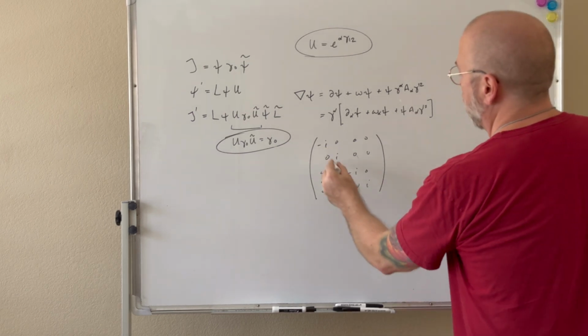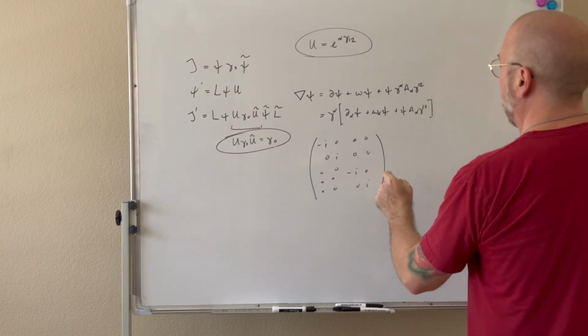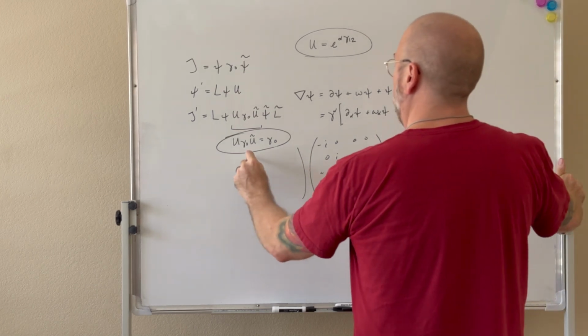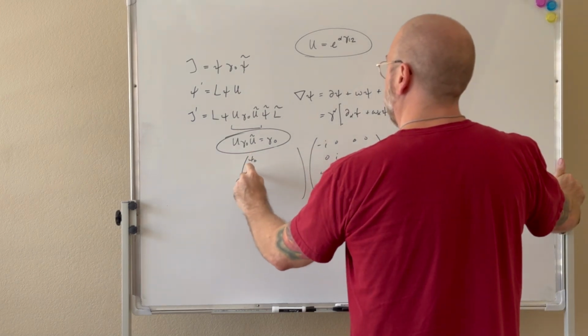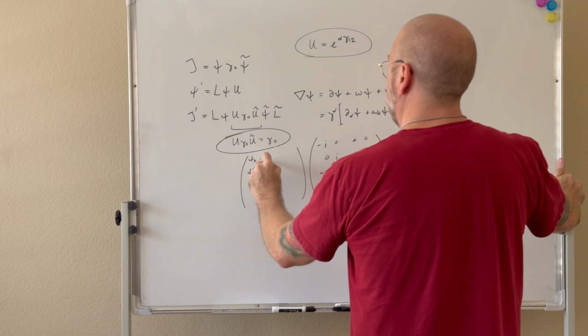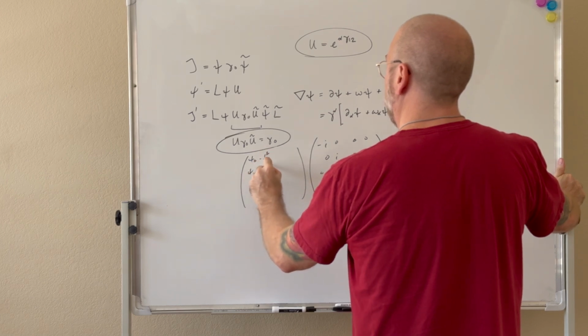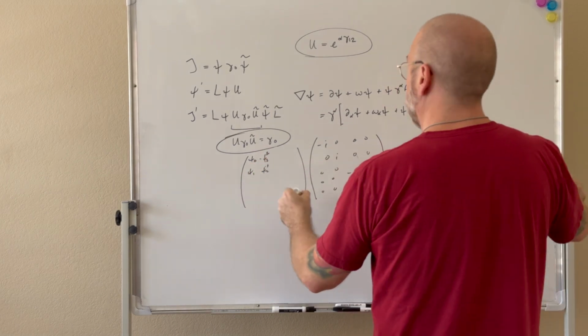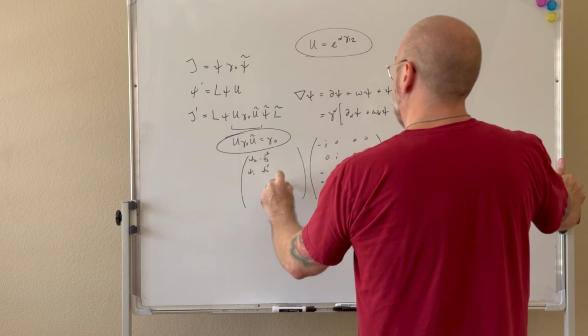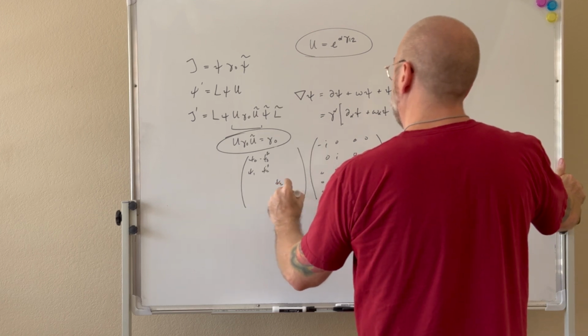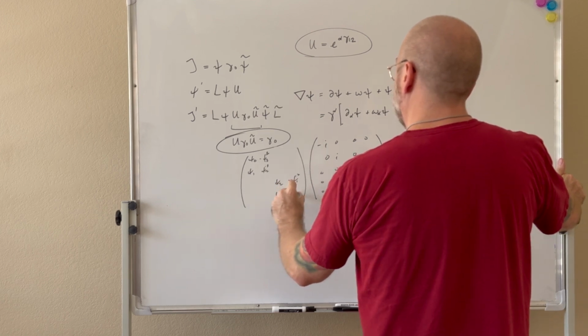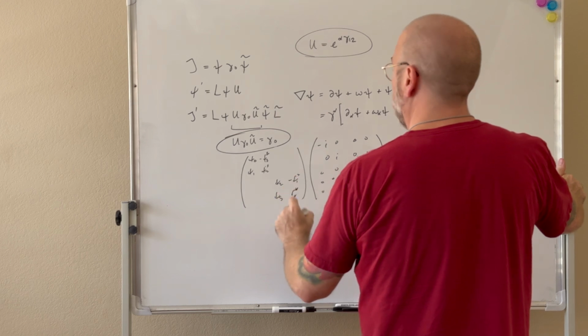You say, well, yeah, but what's going on? Well, remember what psi looked like? When I wrote it out in matrix format, we had psi 0, psi 1, minus psi 3 star, psi 2 star, right multiplying. It's real important to remember that. Psi 2, psi 3, psi 1 star, psi 0 star.